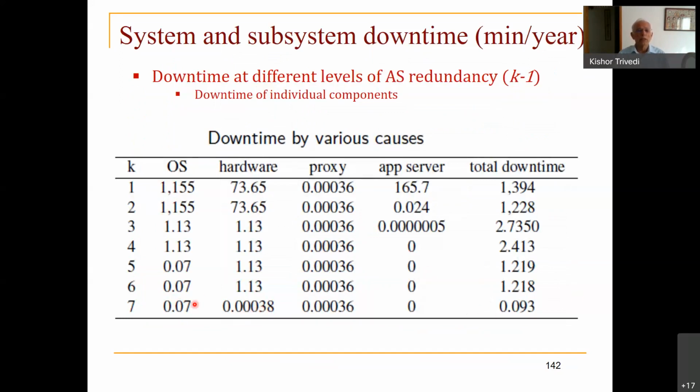And the answers can be, so the overall system downtime is decomposed into operating system contribution, hardware contribution, proxy server contribution, app server contribution, and the overall downtime and so on.